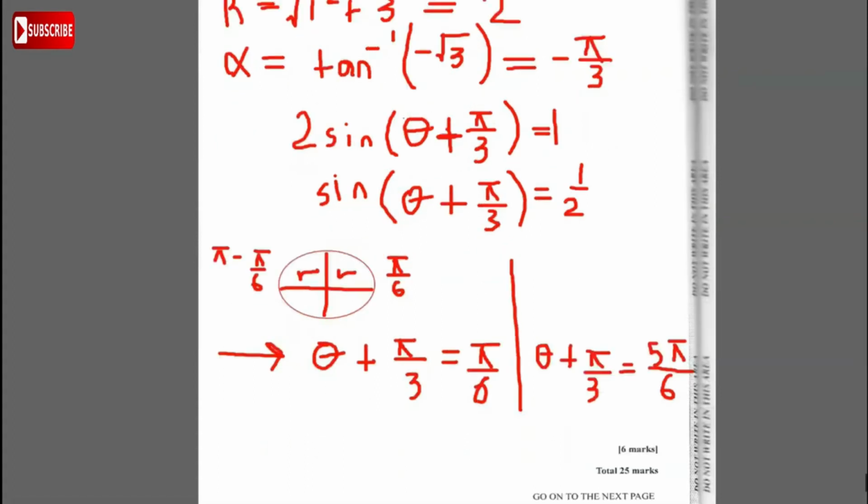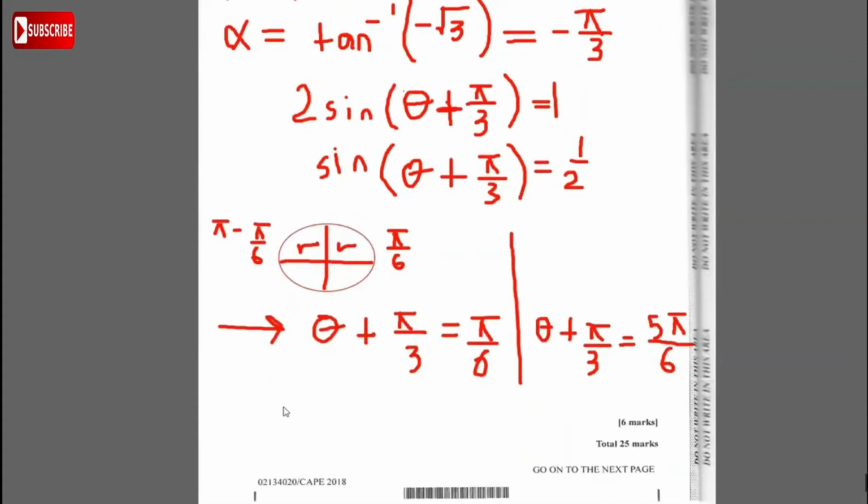So moving right along, all we need to do now is subtract pi by 3 from both sides. And so we're going to get theta is equal to pi by 6 minus pi by 3. Let me work that out in my calculator.